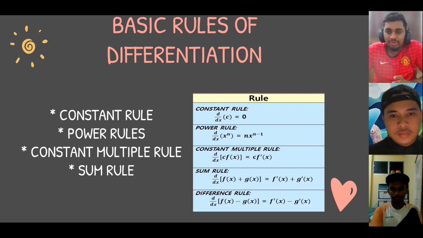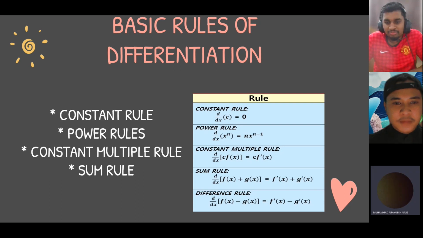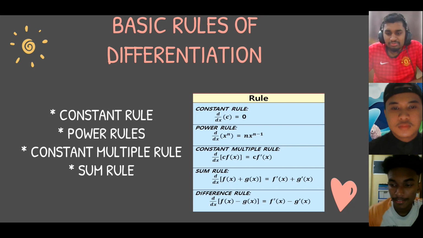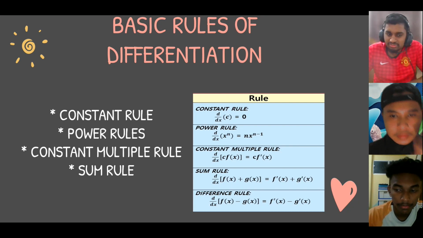Next, we have the constant multiple rule, which is d/dx (cf(x)) equals cf'(x). In this equation, we differentiate the f, which becomes f prime. Then we have the sum rule and difference rule. They are the same, just that for the sum rule we use addition and for the difference rule we use subtraction.